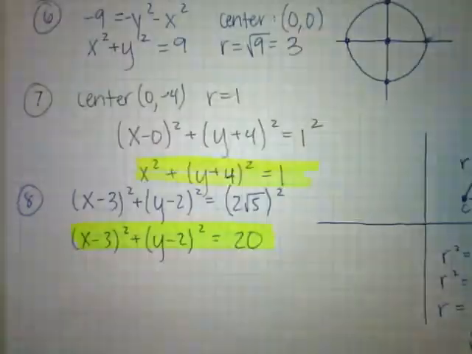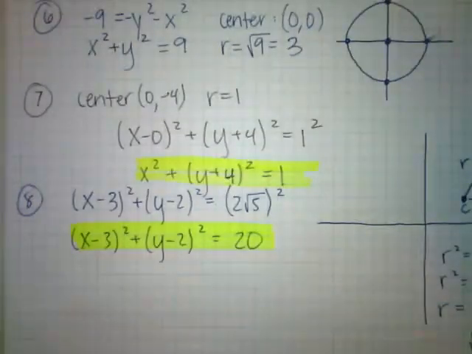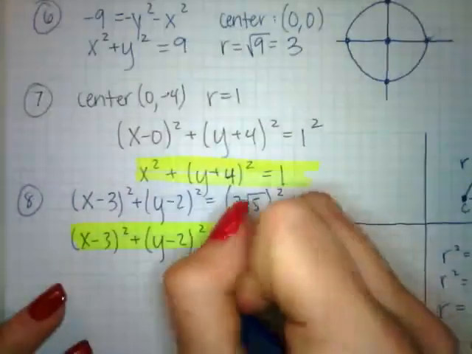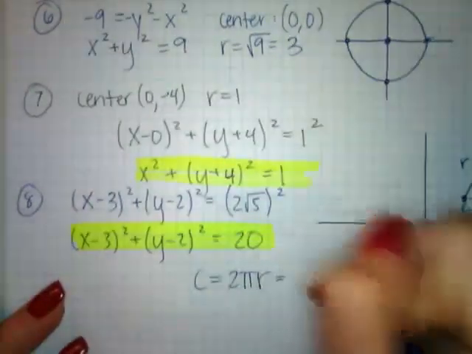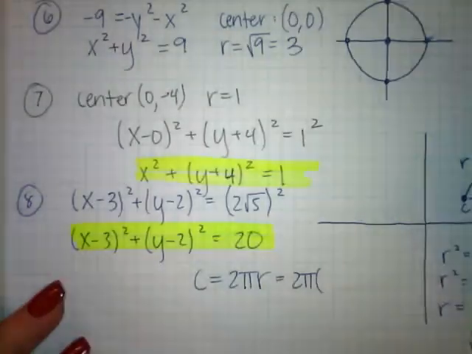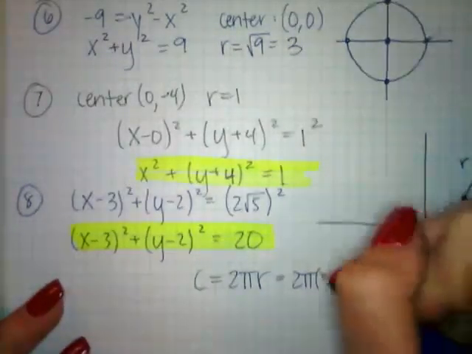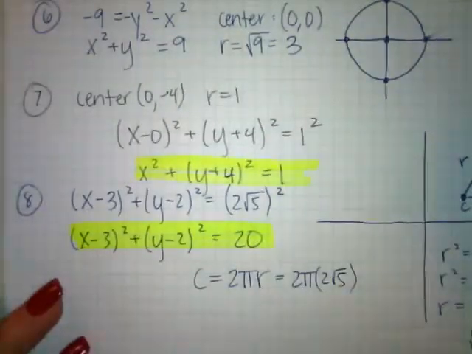for question 8. Now the directions say find the circumference for even questions, so let's go ahead and find the circumference. Circumference is 2 pi r. So in this case, 2 times pi times my radius of 2 root 5.